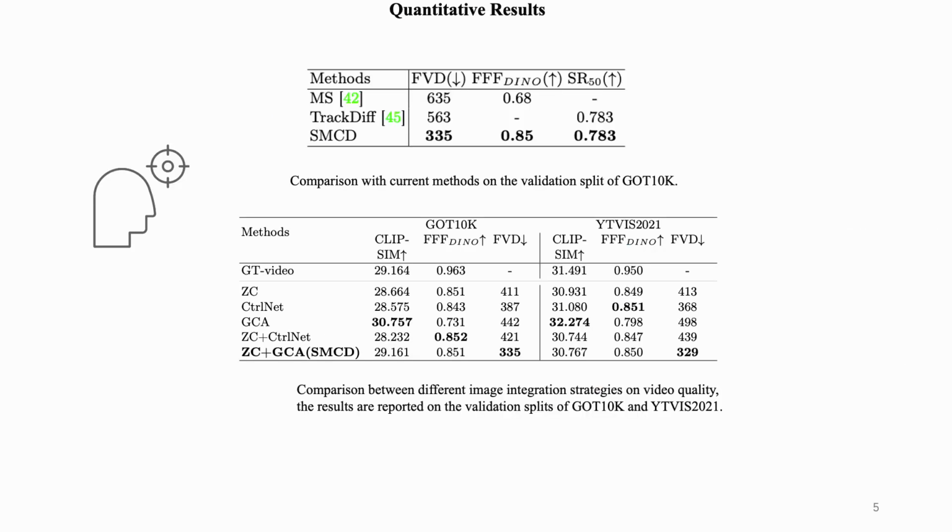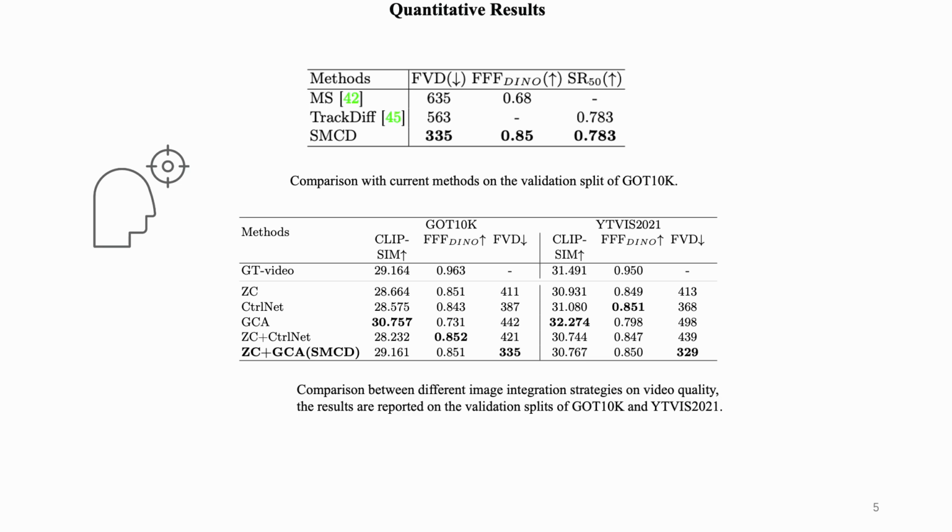Here we present our results. We compare our results with the ModelScope model and Trigger diffusion. The first table shows that our model can achieve much better FVD values. In the second table, we present the results of using different methods to introduce the conditional information.